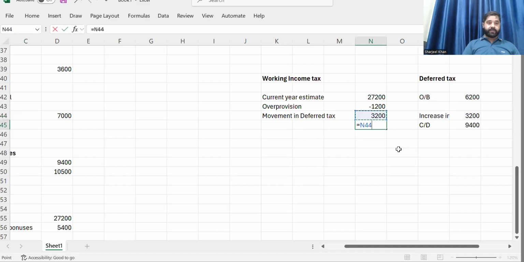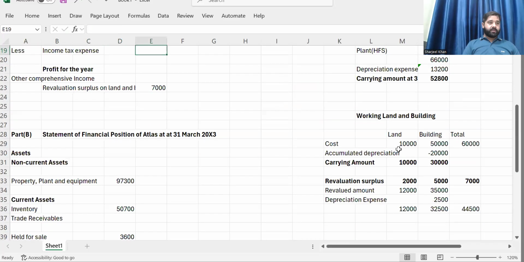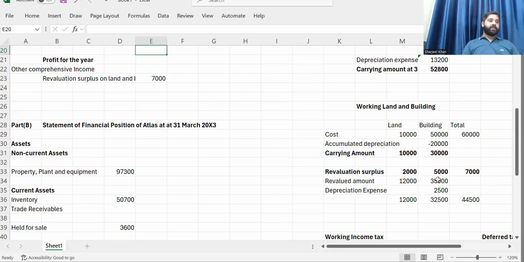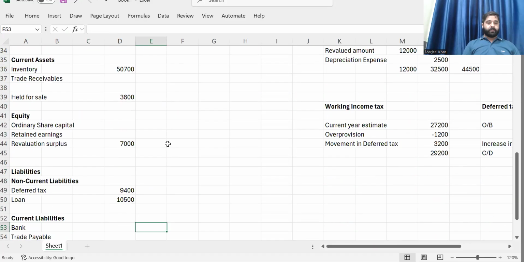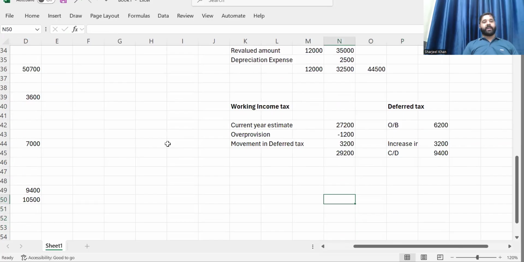Now total it. It is 29,200. Charge it right here, 29,200, right? And make a negative sign at the start. Just check. It is the working for the income tax.